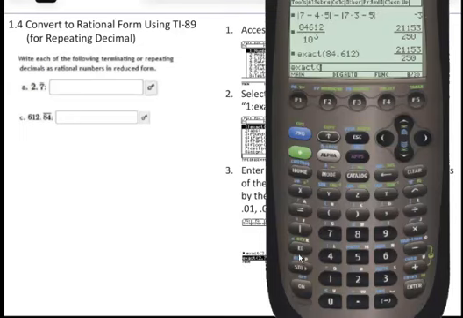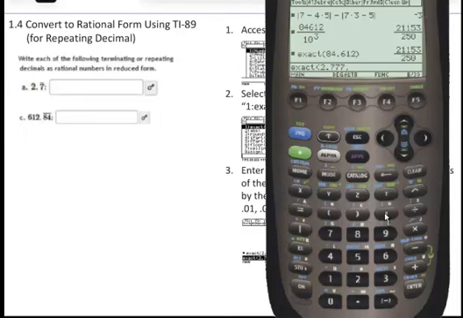You type in the decimal, and you repeat it a few times. For me, I'm going to repeat the pattern 2 or 3 times.